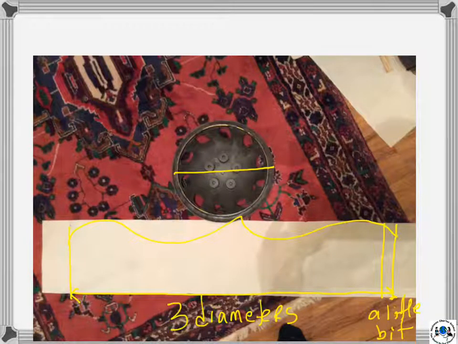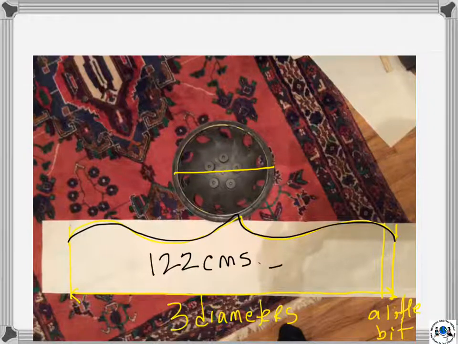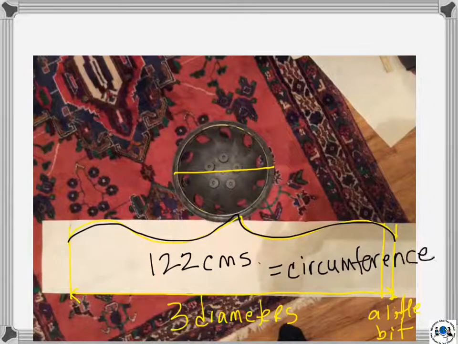Let me use my different color here. 122 centimeters. Okay, 122 centimeters from there to there. So that equals my circumference. So my circumference of this hubcap is 122 centimeters.